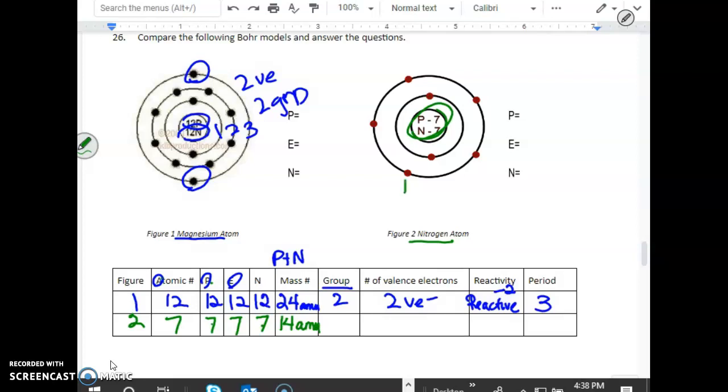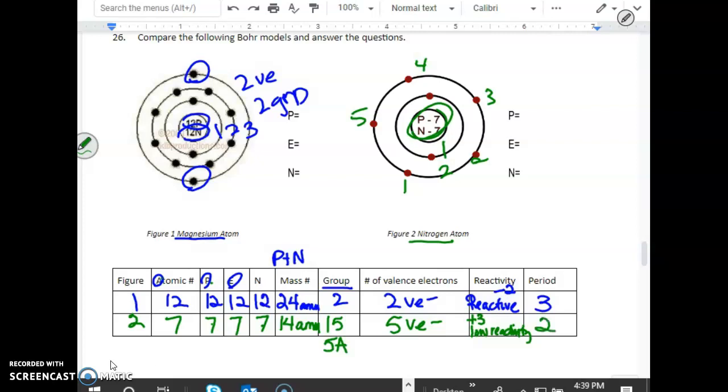My group, I've got 1, 2, 3, 4, 5 valence electrons, so that means that I'm going to be in group 15 or 5A. I've got 5 valence electrons, we just counted that. And this has to gain 3, so this has pretty low reactivity, low to medium reactivity. And it has 2 rings, 1, 2, so now I'm in period 2.